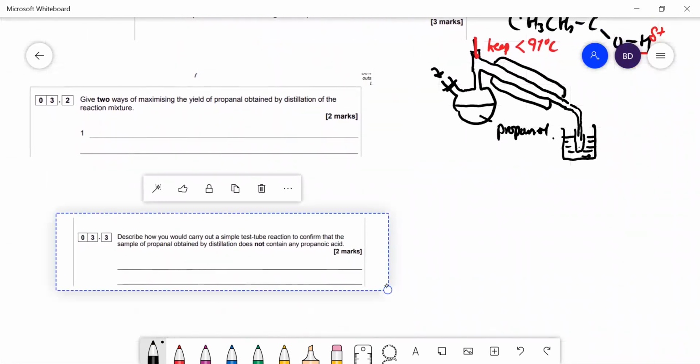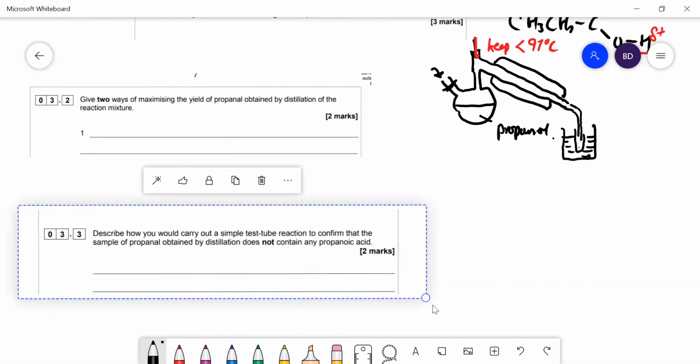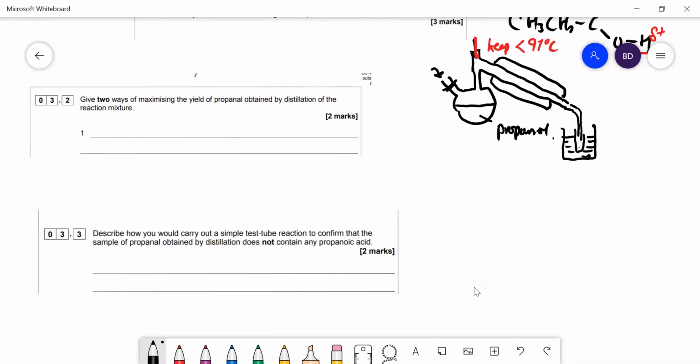Okay, this bit here, how would you carry out a simple test tube reaction to confirm that the propanal is not contaminated by any propanoic acid? So be careful here. It's not asking you to show there's propanal in it, and you might think, oh, well, it's an aldehyde, use Fehling's test. It's not asking that. It's asking to show there's no propanoic acid. So what you should do is add sodium carbonate or sodium hydrogen carbonate solid, and you should look for effervescence or fizzing.